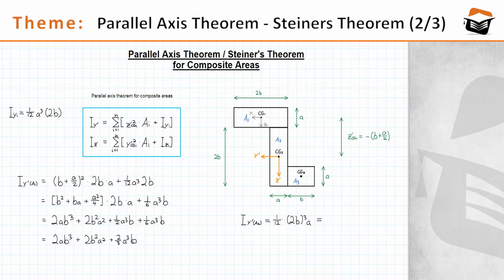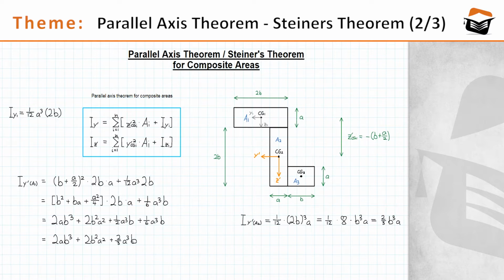Well, actually we can do some simplification. 1/12 times 8 times b to the third power times a, and 2 to the third power is equal to 8, and that is equal to 2/3 b to the third power times a.